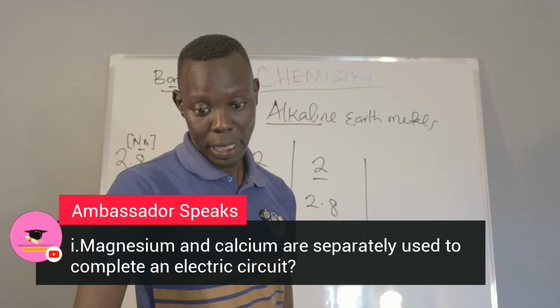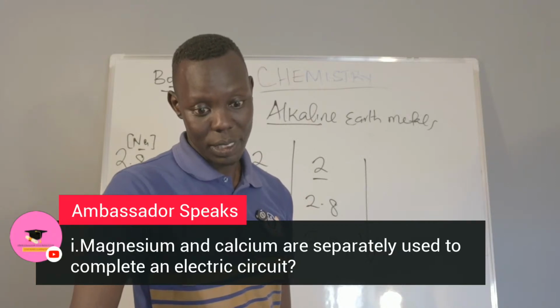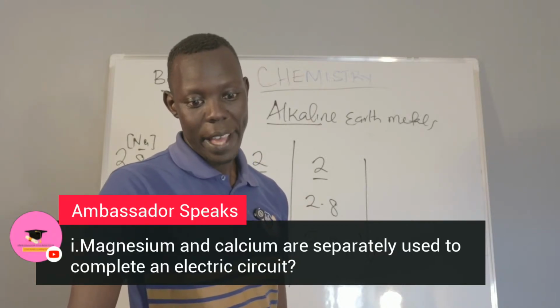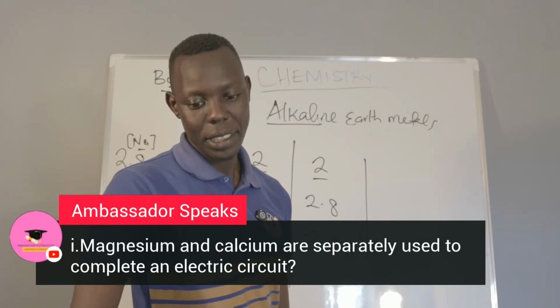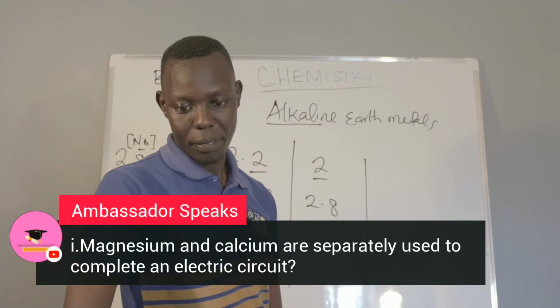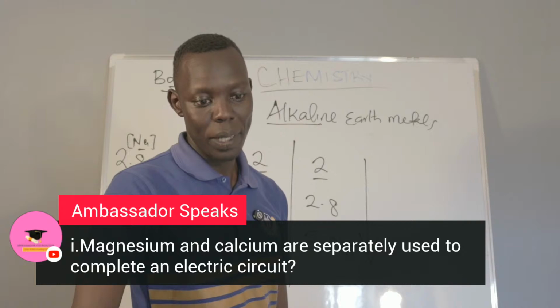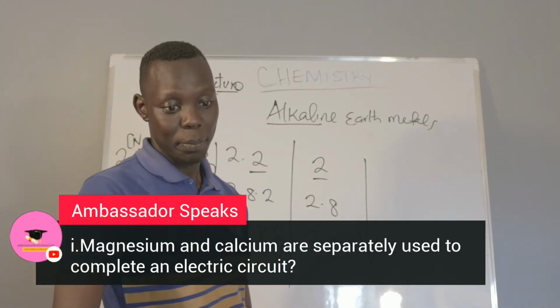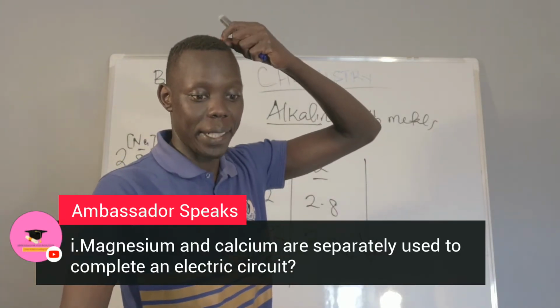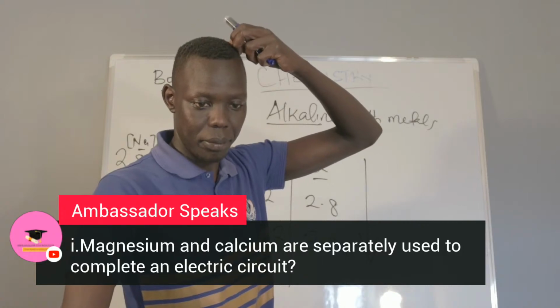So that's not a question, that's a statement. Now the question is this. Explain the observations made. Magnesium and calcium are separately used to complete an electric circuit. Explain the observations made. What do you say?